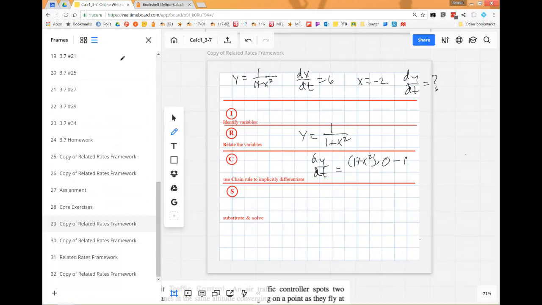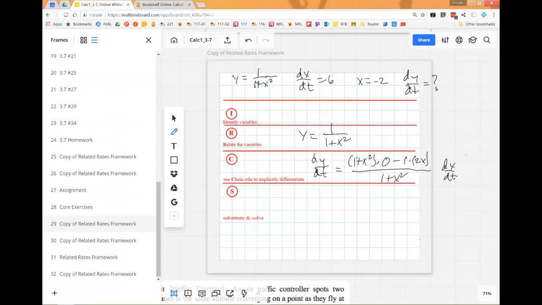The derivative of the denominator is 2x, all over denominator squared. And then, because x is a function of t, we also have to do dx/dt. We have to do the chain rule, because the inner function is still an x.